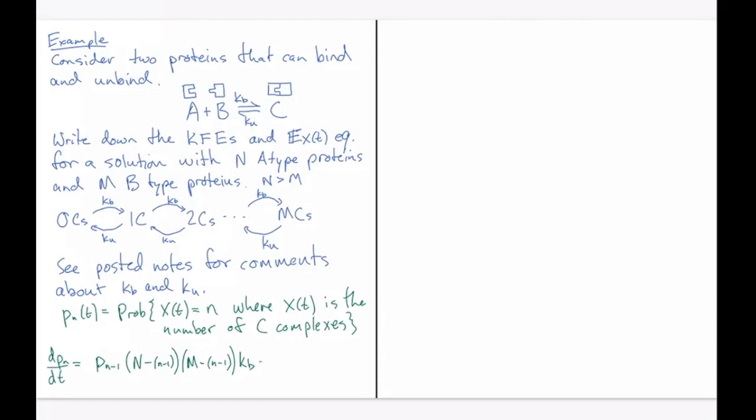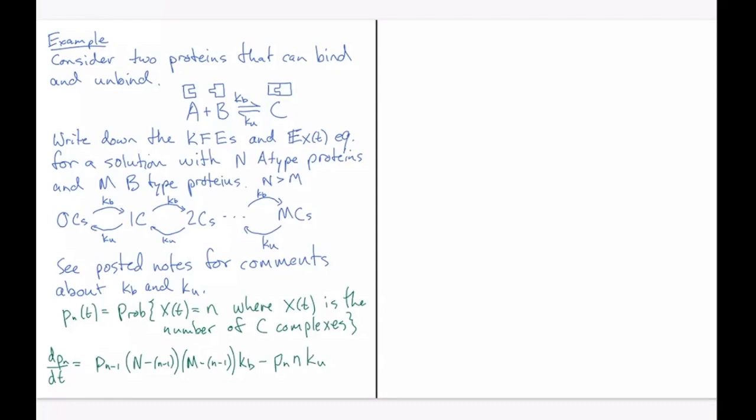Okay, and then we lose them from the nth state by two ways, binding and an unbinding reaction. So there are n possible ways that C complexes, n of them, can unbind from each other. And so that happens at a rate Ku.